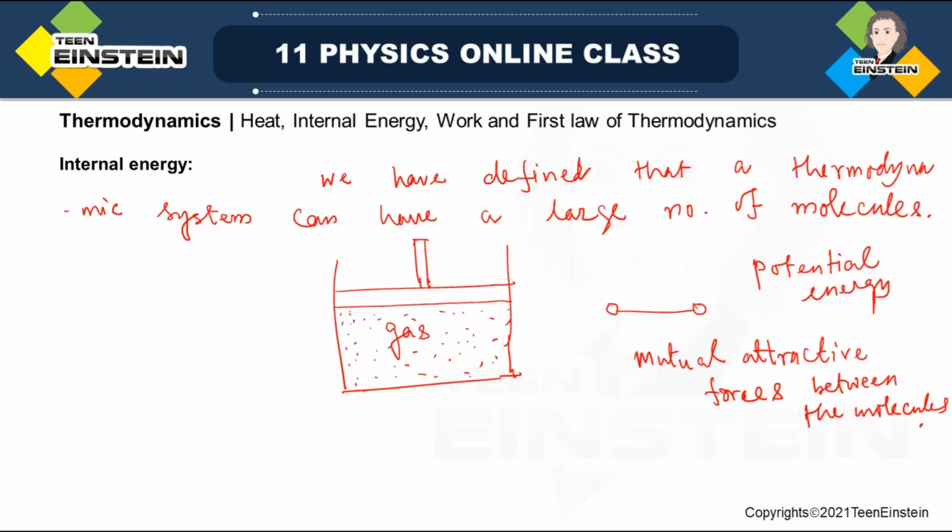If we compress the volume of the gas, we have to do certain work against this mutual attractive force. Or if we expand, then the gas is doing certain work. This work done is stored in the gas as potential energy. So we have potential energy.